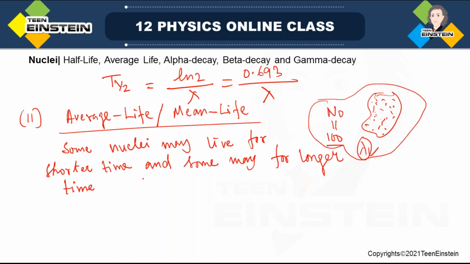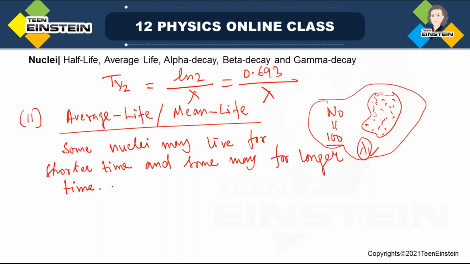That's why it is a statistical process, and because of that, all the nuclei may not last for the same time. Some may live for a longer time, some for a shorter time.